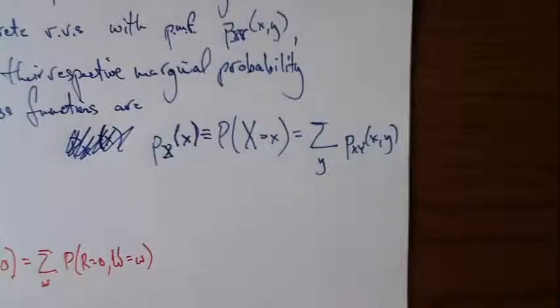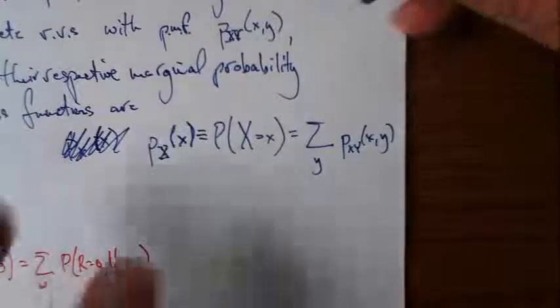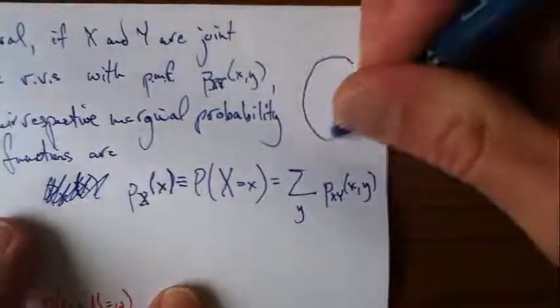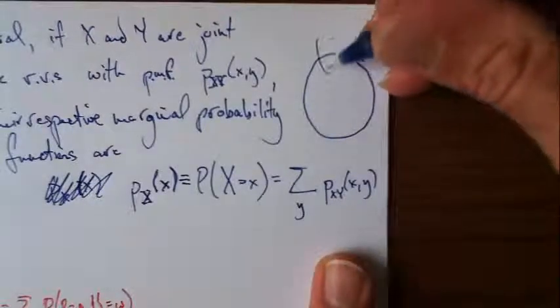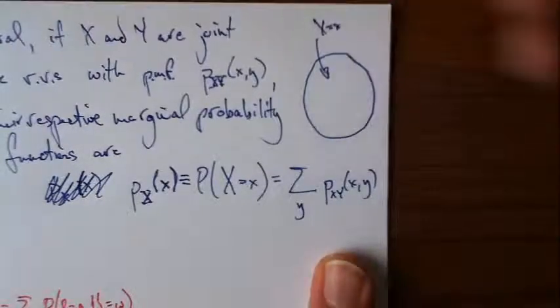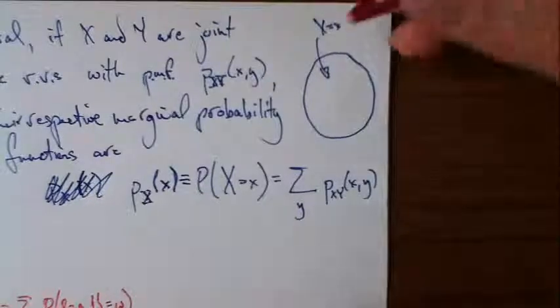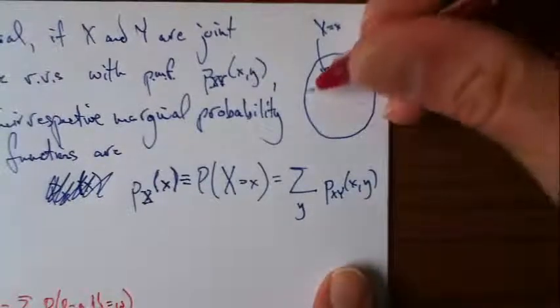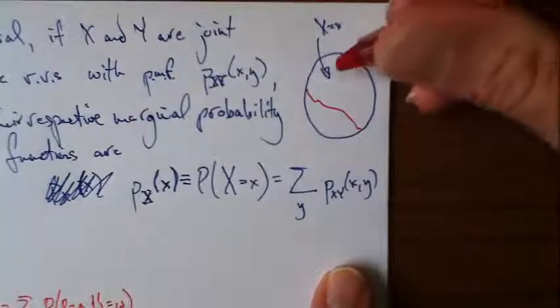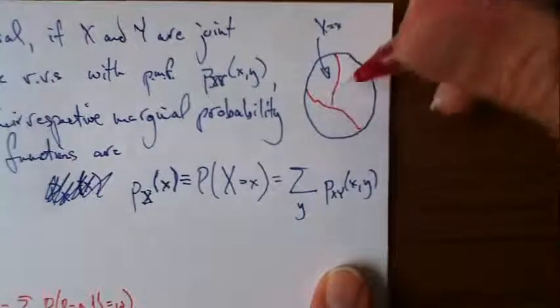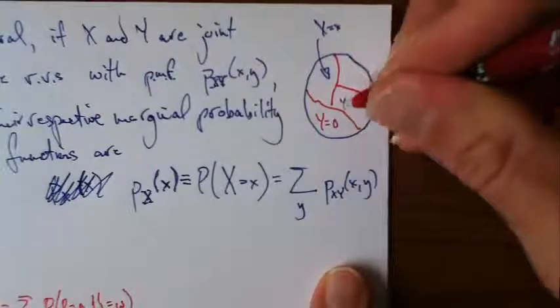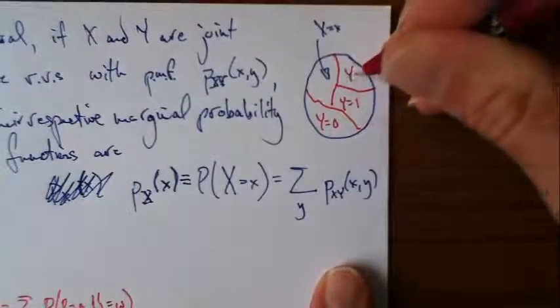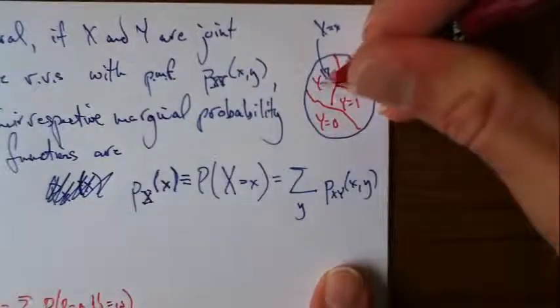Okay, this makes a lot of sense if you look at a picture. Here's the event that x takes on the value of little x. How many ways can this happen? Well, maybe there's this way, and this way, and this way. This is y equaling 0, y equaling 1, y equals 2 and y equals 3.